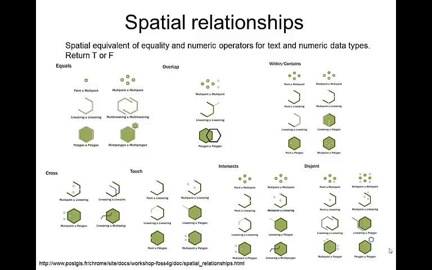So for example, are 2 points in the same place? Are 2 polygons equal? Are they in the same place, exactly the same? Does a point touch a line? Does a point touch a polygon? Does a line intersect a polygon? These are all the options for spatial relationships between the 3 different vector data types, points, lines, and polygons.